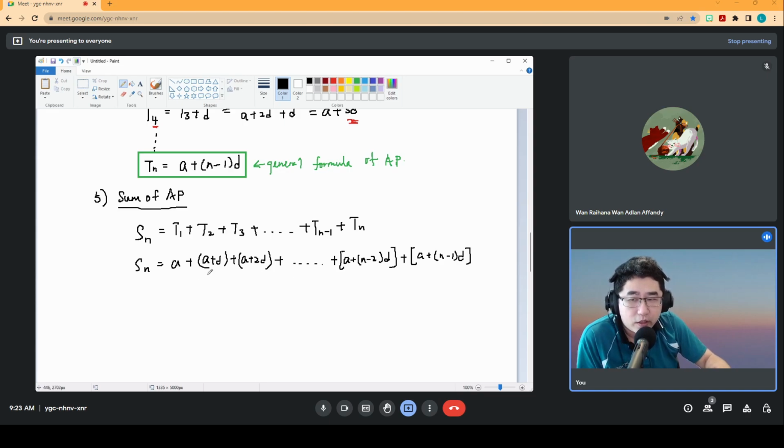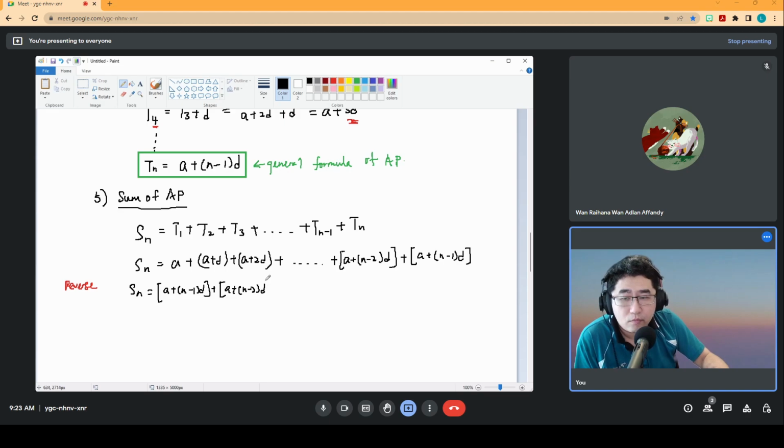So I'm going to reverse the order. The one at the back I will write in front, then the second, and the third one, all the way until the final two.